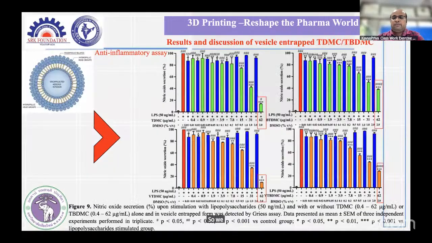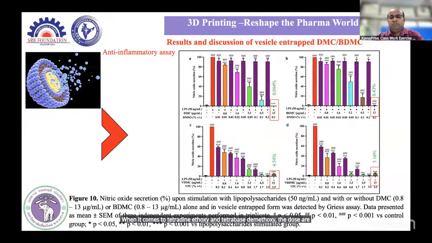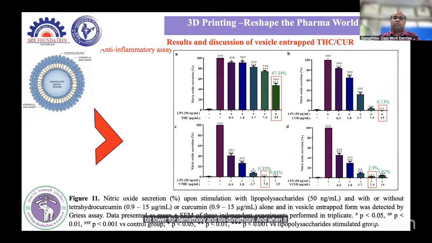So we can see that for tetra dimethoxy and tetra bis dimethoxy, the doses are a bit lower than for dimethoxy and bis dimethoxy. And when it comes to curcumin, the doses are higher for tetrahydro, which is the most compatible form, because it is off-white in color and does not require protection from light. But at a dose of 15, it was able to reduce around 47%.